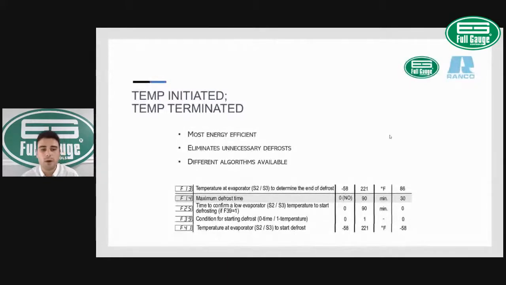But what we brought today was an example of, with only 5 parameters, you can actually set this adaptive defrost cycle just by setting your coil temperature to start the defrost and how long that temperature has to remain in place to actually enter the defrost cycle. That way, you're actually preventing false defrost calls during that event.